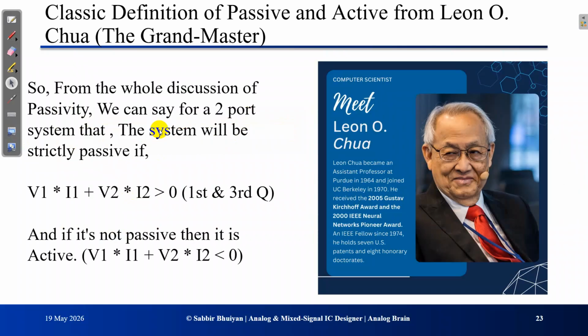So from the whole discussion of passivity, we can say that a two-port system will be strictly passive if the product of port 1 voltage and port 1 current, plus the product of port 2 voltage and port 2 current, is positive, meaning first and third quadrant. And if it's not passive, then it is active: V1 times I1 plus V2 times I2 is less than 0.